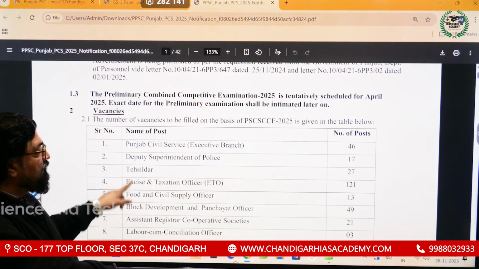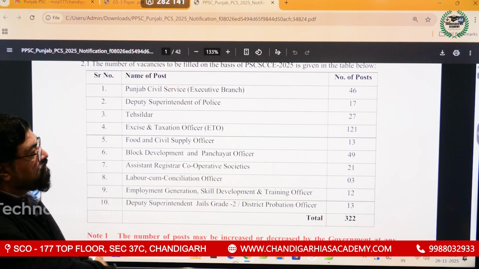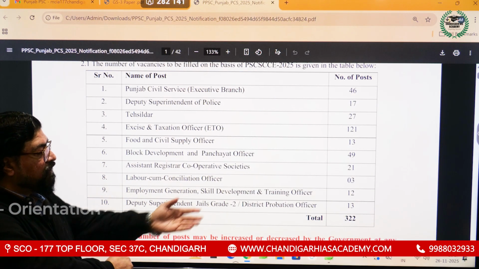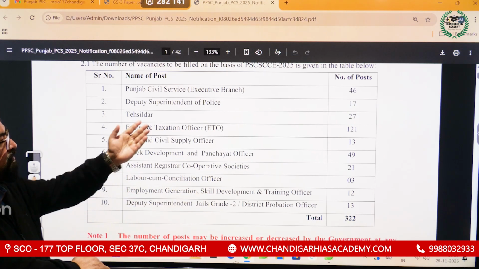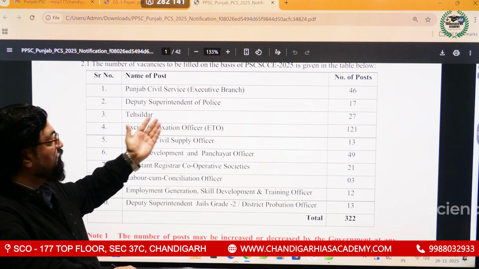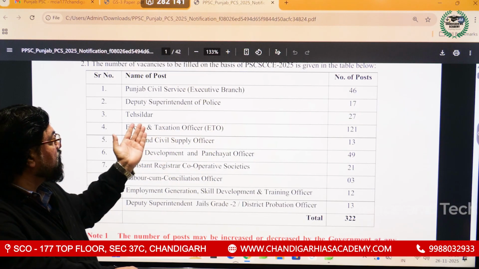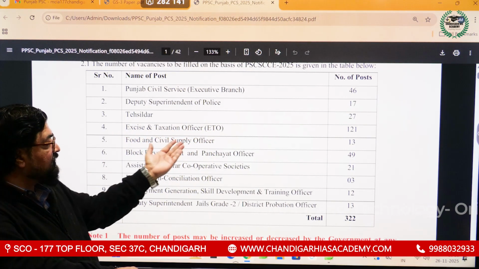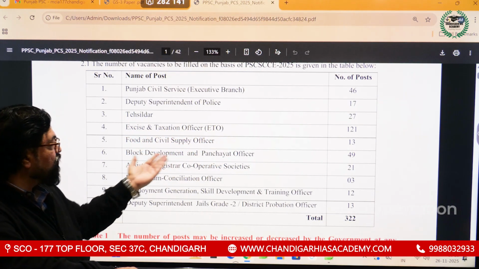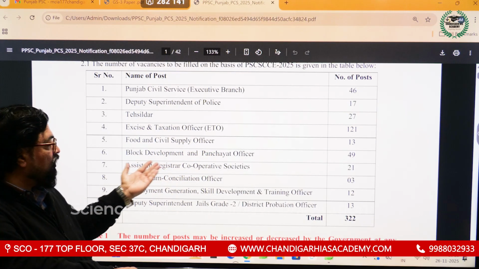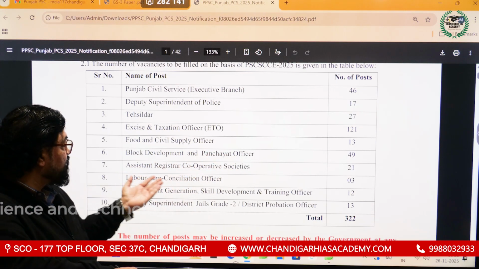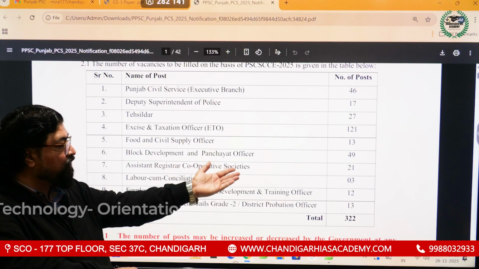And then the number of posts is given here. Total 322 posts. Punjab Civil Service, Executive Branch, 46. Deputy Superintendent of Police, 17 posts. Tehsildars, 27. Excise Taxation Officers, 121. Food Civil Supply Officer, 13. Block Development and Panchayat Officer, 49. Assistant Registrar Cooperative Societies, 21.